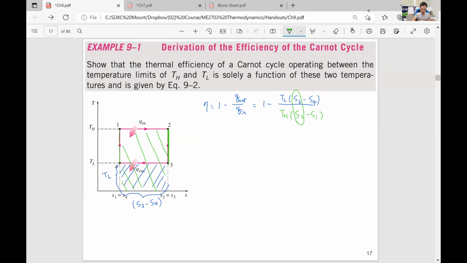And S1 equals S4 because 4 to 1 is also an isentropic process. So these two are the same, so we can kill this. The remaining is 1 minus TL over TH. So the efficiency of a Carnot cycle is a function of the temperatures. Okay, that's it.